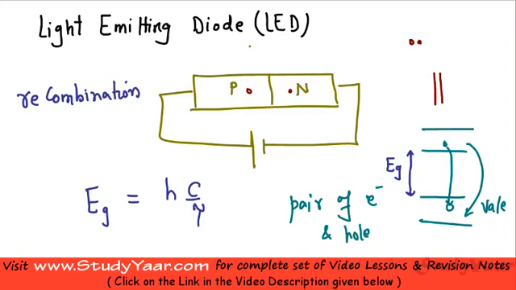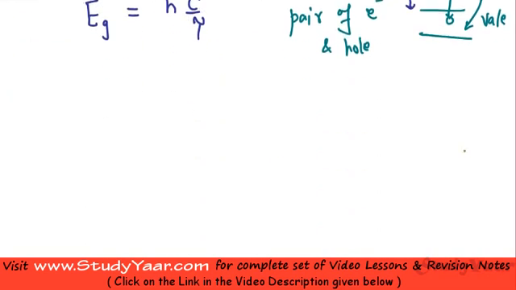You can choose your P and N type semiconductors depending on what type of light you want to see coming out. In general, a gallium arsenide semiconductor gives you light in the infrared region.